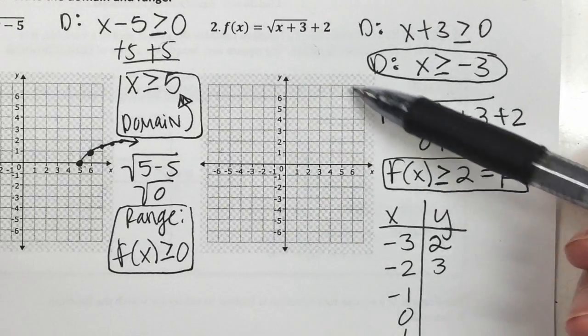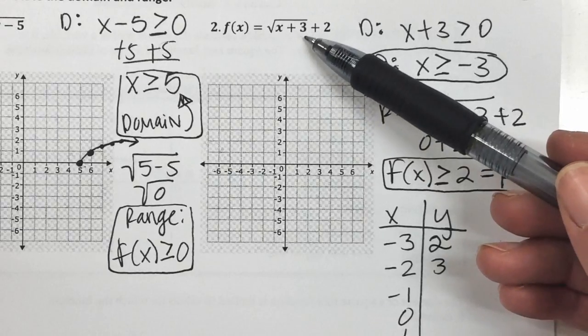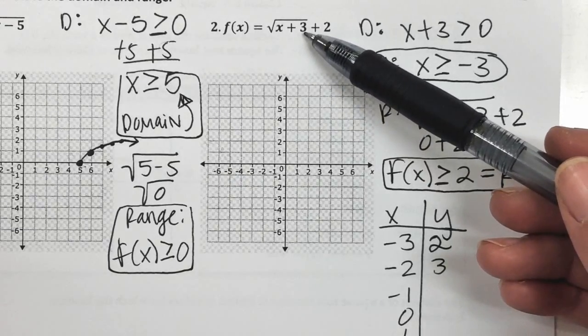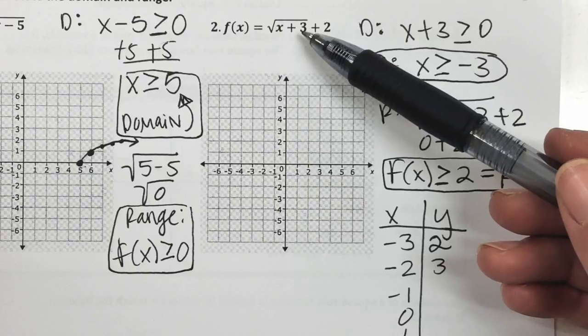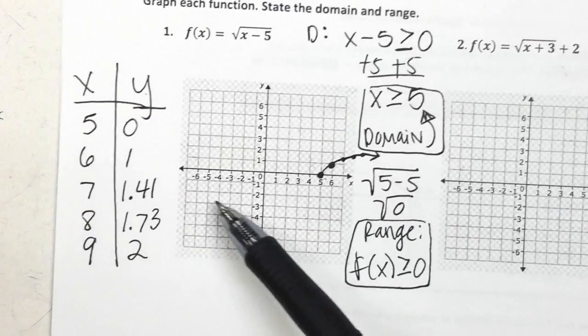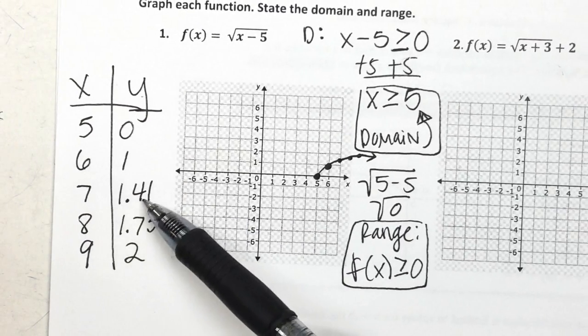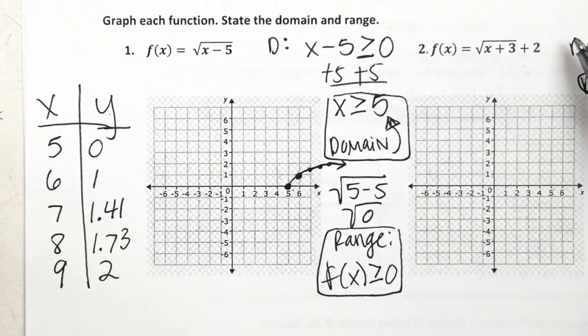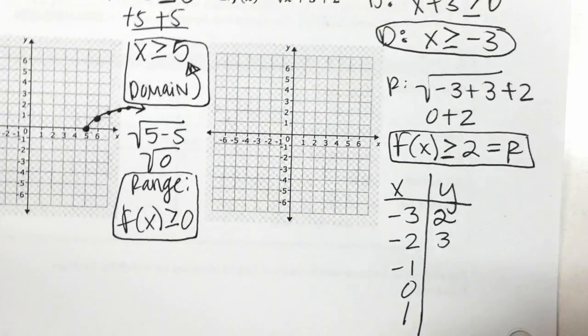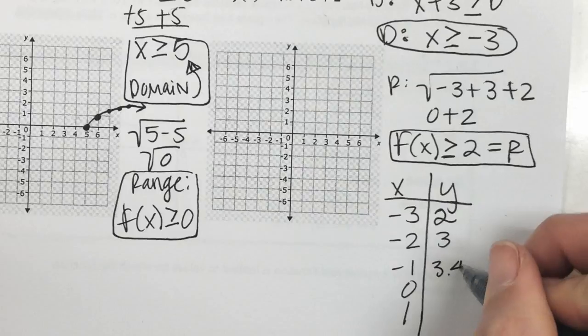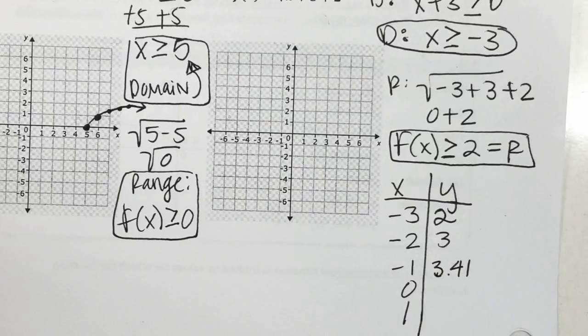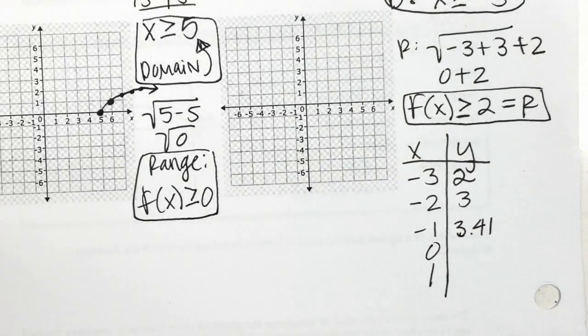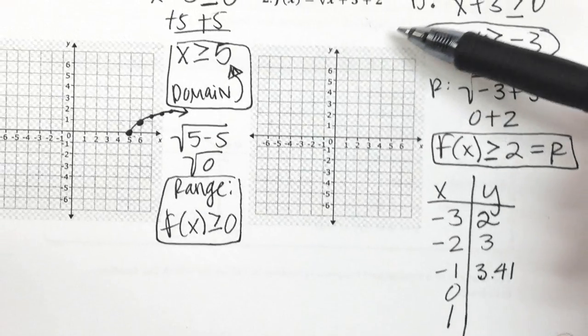All right, if y'all plug in negative 1, I'll have negative 1 plus 3, which is what? 2. We know the square root of 2 from the last problem was 1.41, right? So what's 1.41 plus 2? 3.41. Good. All right, if I plug in 0 for the original problem, I'll have 0 plus 3.